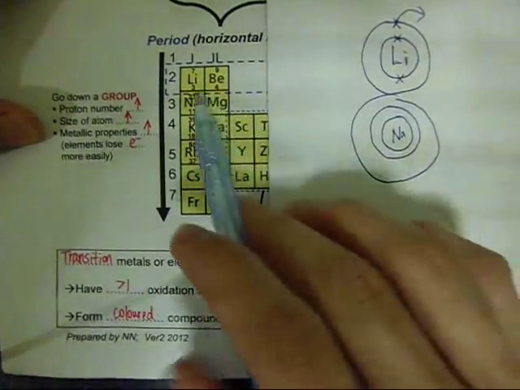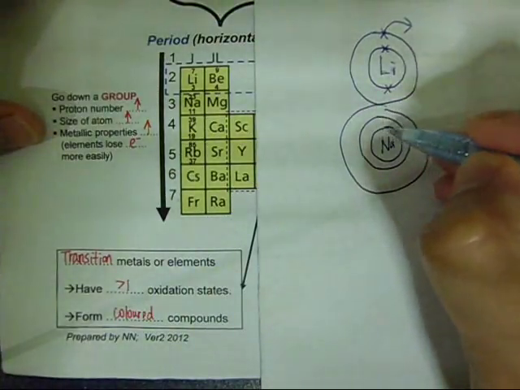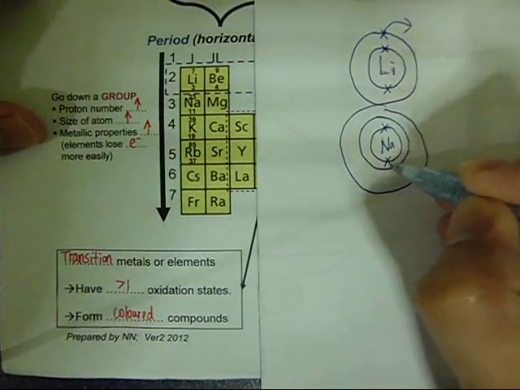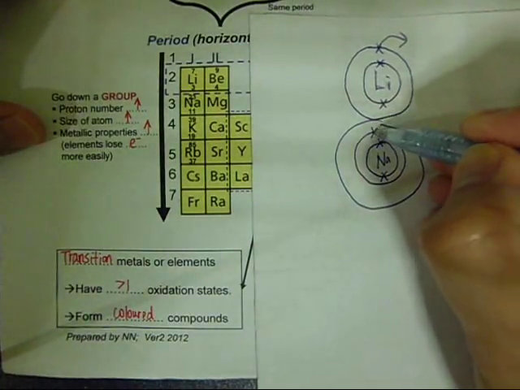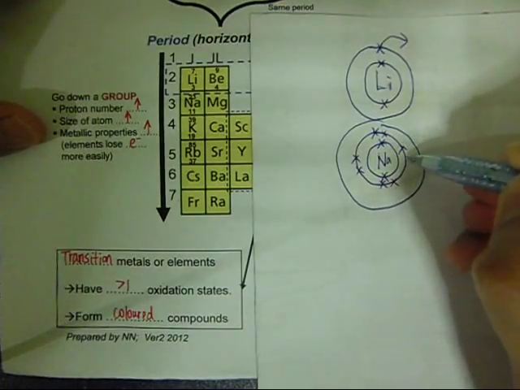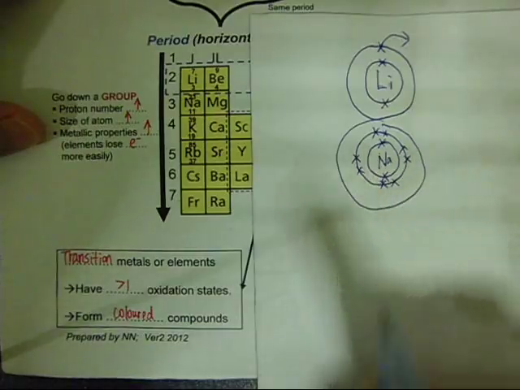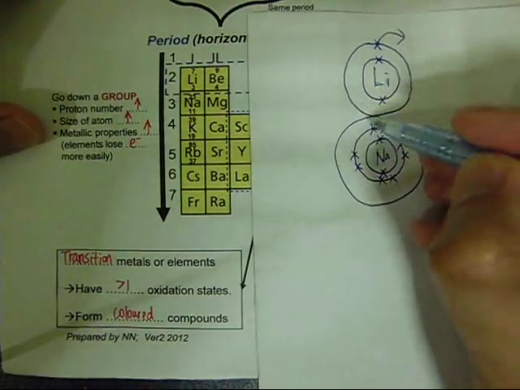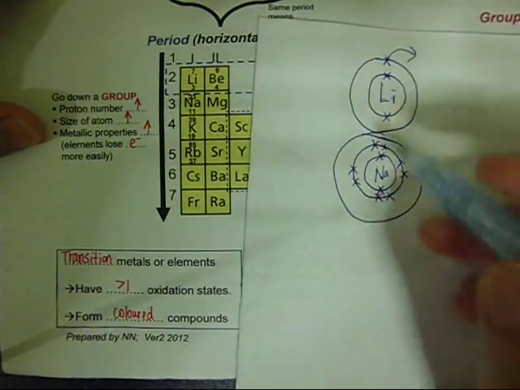Now let's compare lithium and sodium. Now both lithium and sodium, okay, let me draw the electronic structure for sodium. Okay, so sodium would have 8 electrons in the second electron shell. Okay, they are not connected, lithium and sodium.